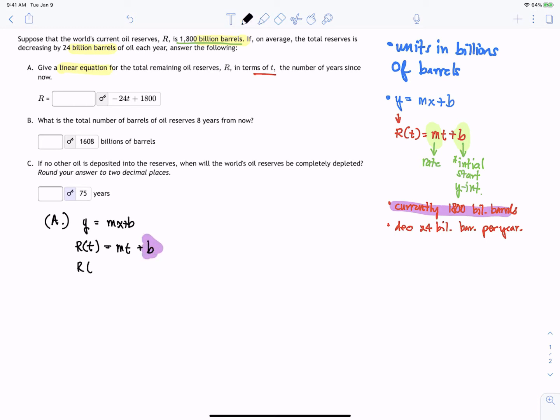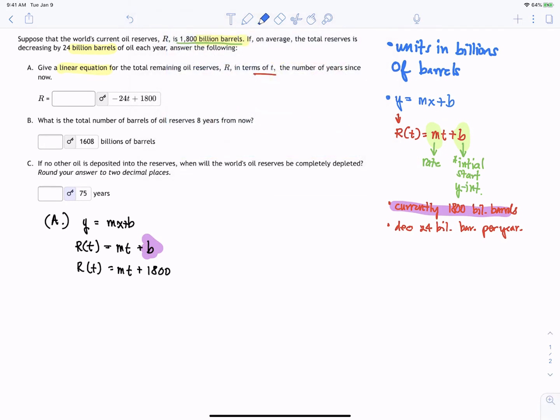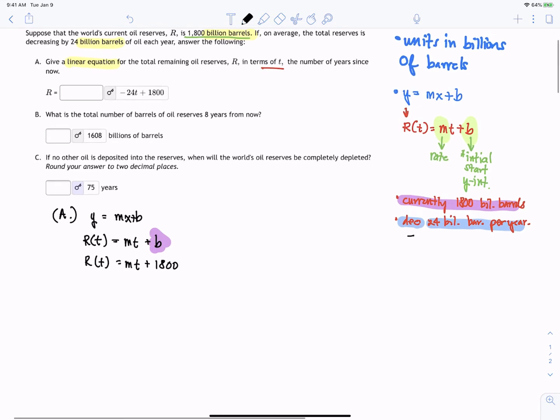So this becomes R of t equals mt plus 1,800. And the other part, we have to be a little careful here, is that if it's decreasing, that would be negative, right? Because we are subtracting, and the other part is by 24 billion barrels per year. So in this case, the slope will be negative 24, so R of t equals negative 24t plus 1,800.